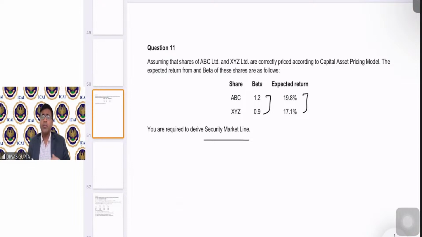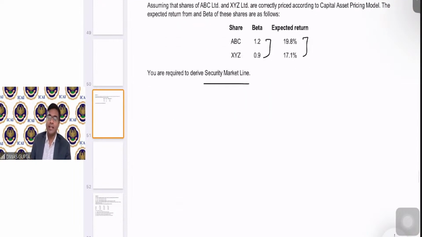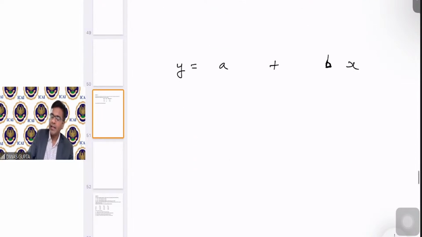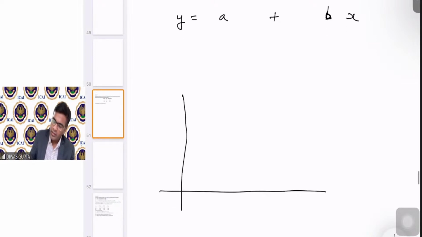Before going there, I hope all of you know the concept of a line, because it is used somewhere here, so it is important for me to bring it out. Students, when we talk about a line, this is a graph. This is the x-axis, this is the y-axis.